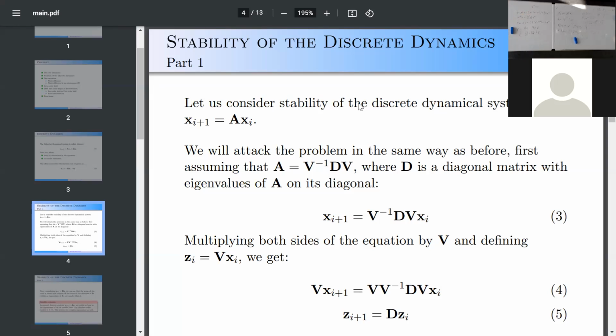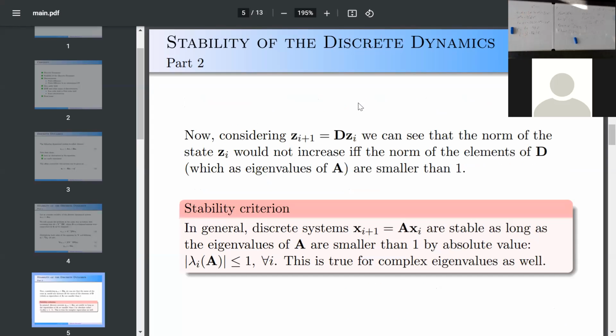That is a profoundly different thing from continuous systems. There we talked about real parts of the eigenvalue. Here we talk about absolute value of the eigenvalues. And indeed, we are going to talk the exact same way about complex eigenvalues. What we care about is the absolute value of them. So on the next slide, we have criteria.